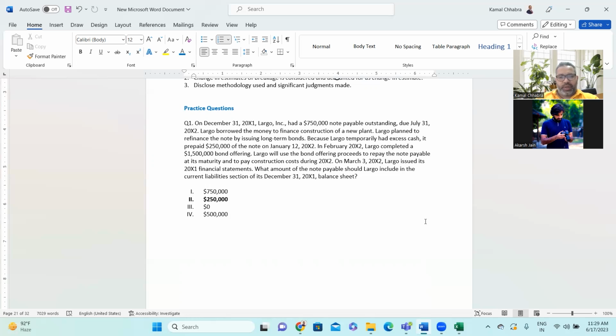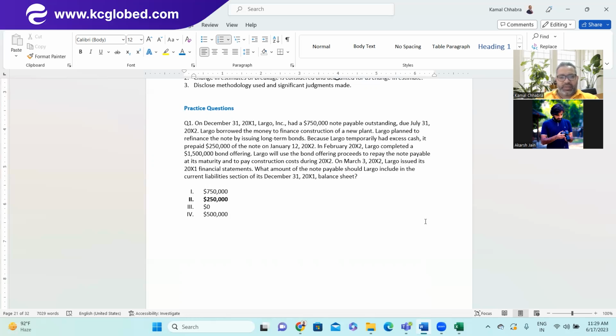Because Largo temporarily had excess cash, it prepaid $250,000 of note in January 2002. In February 2002, Largo completed a 1.5 million bond offering. Largo will use the bond offering proceeds to repay the note payable at its maturity and pay construction costs during 2002. On March 3rd, 2002, Largo issued its 2001 financial statement.